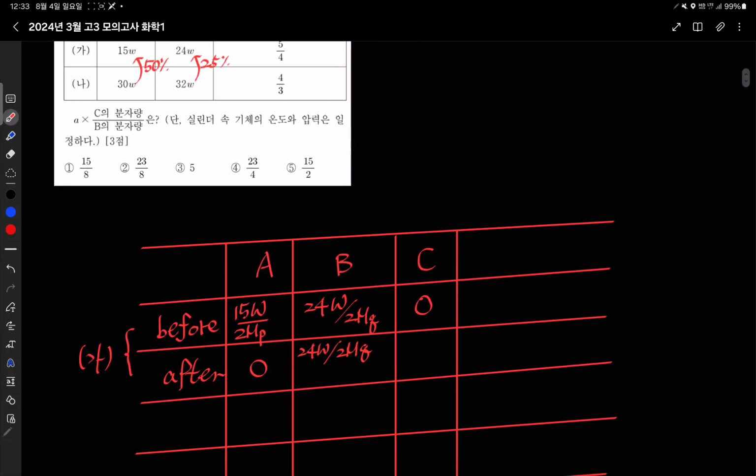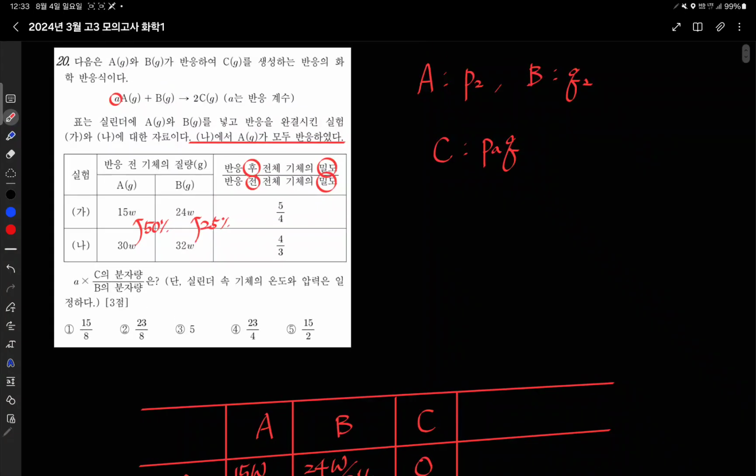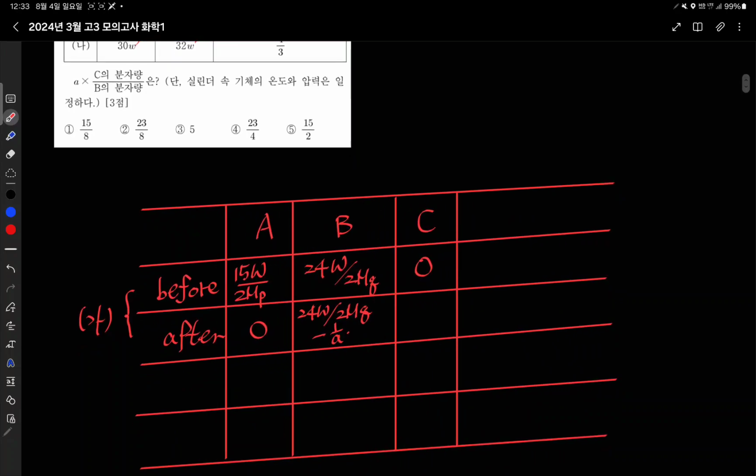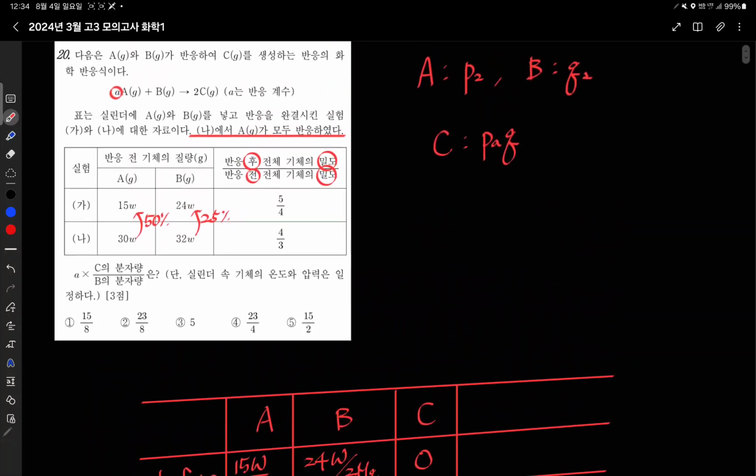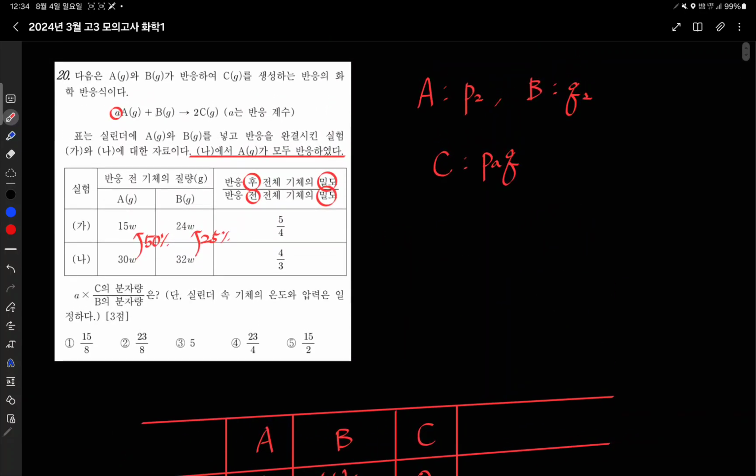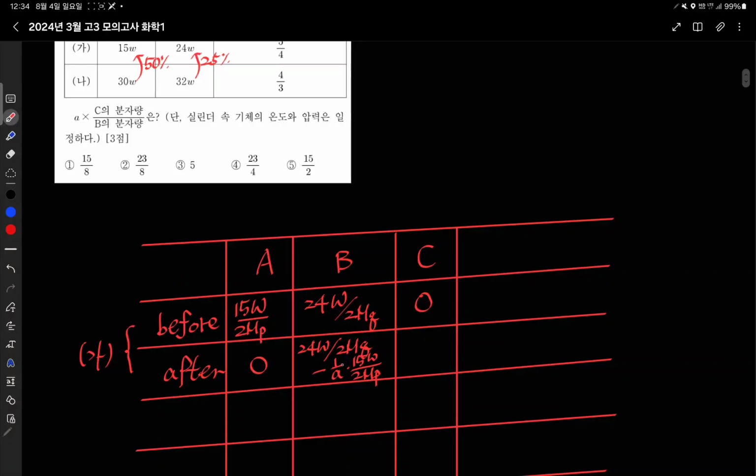So we need to subtract 1 over A times the amount of A used, because the ratio in the coefficient between A and B is 8 to 1. That's why we are multiplying 1 over A to the amount of A to find the amount of B participating in the reaction.